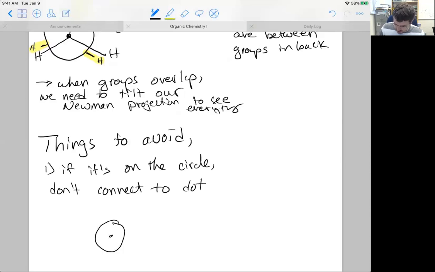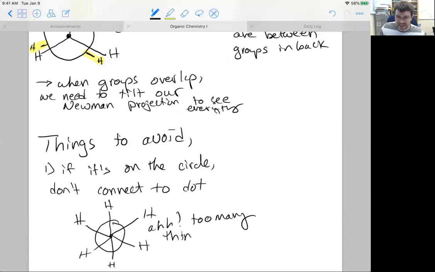Let's say I had dot, dot, dot, and then for our staggered conformation, I went all the way into the dot, and I would say, too many things attached to the dot.